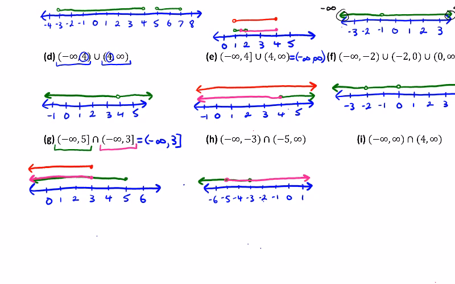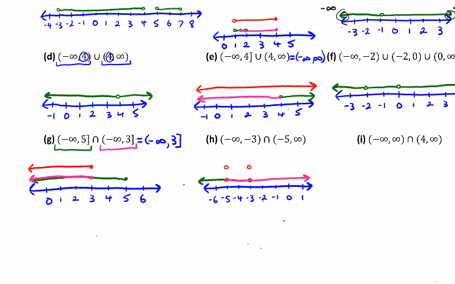So again, what I'm looking for is the places where we have overlap. So at -5, I have an opening for the second set, but I have it closed on the first set. So I'm not going to be able to include -5. And the same story goes for -3. I can't include -3 because -3 is not a member of both sets.